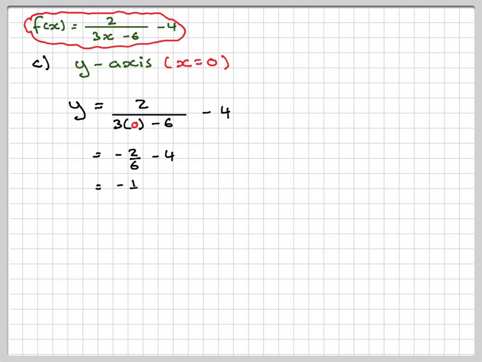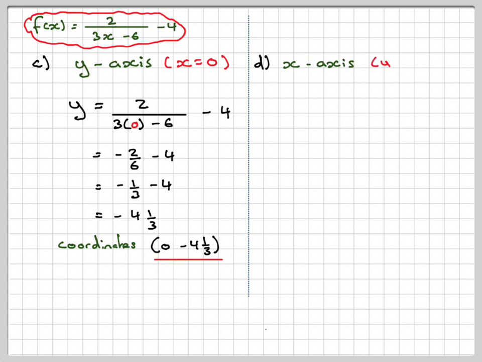Minus 2 divided by 6 is minus 1/3, minus 4, which becomes minus 4 and 1/3. We write them as coordinates, so the x-coordinate is 0, and the y-coordinate is minus 4 and 1/3.